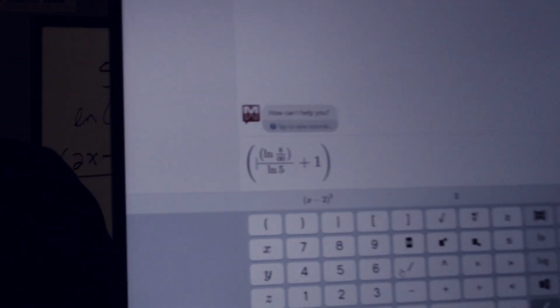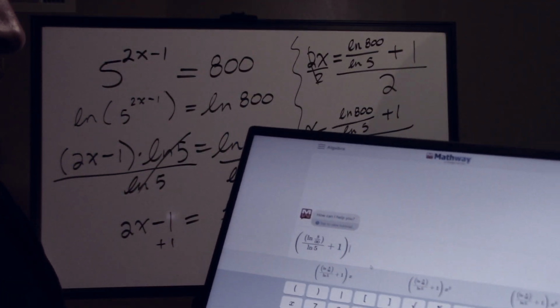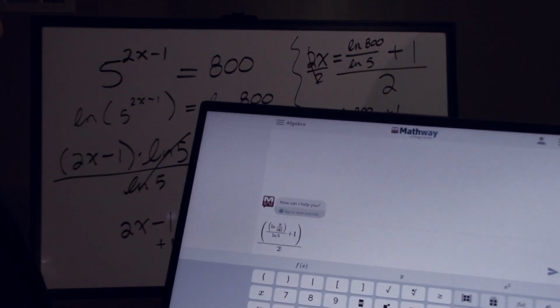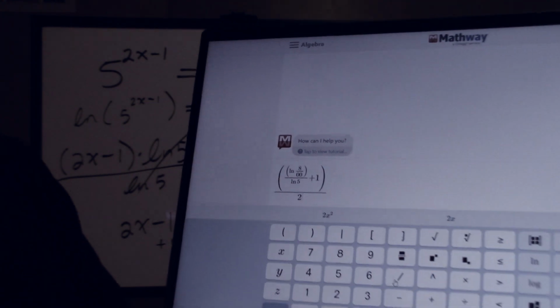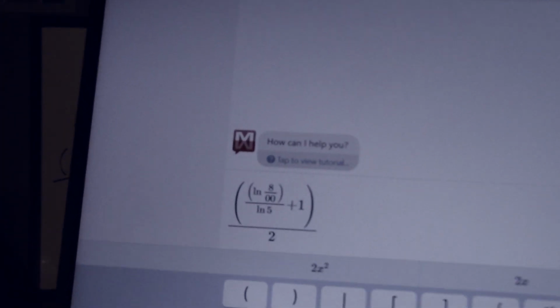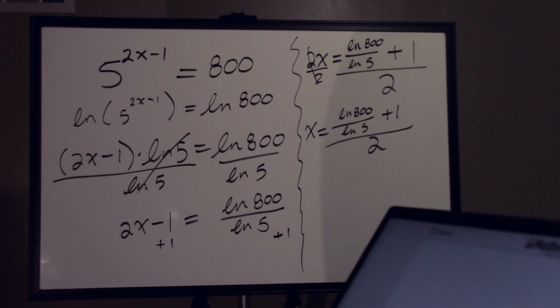So I've got my outer set of parentheses there. And then at the end, I'm going to just divide this whole thing by 2. So it messed it up as I was messing around with it. My 800 in the top ended up as being something psychotically weird. I don't know why.